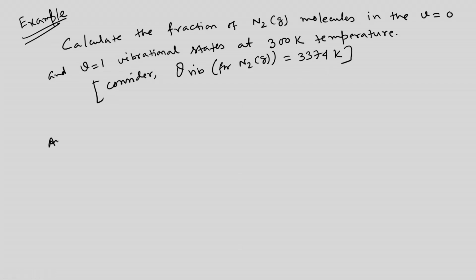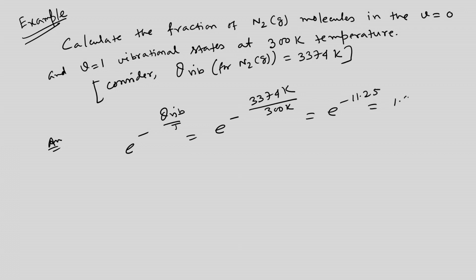Okay, so we calculate e to the minus theta vibrational by T, which is e to the minus 3374 Kelvin by 300 Kelvin. It gives us e to the minus 11.25, and this gives you 1.31 times 10 to the minus 5.